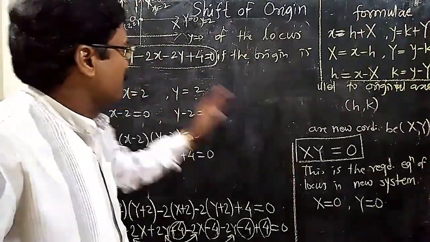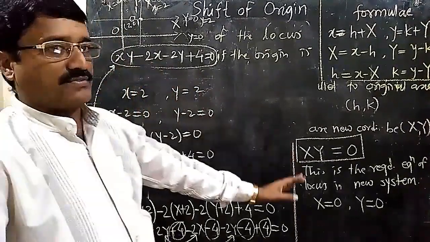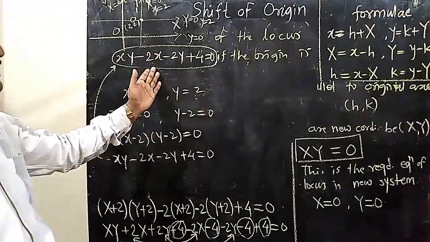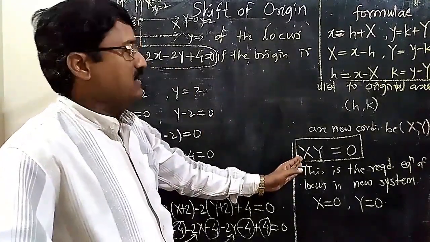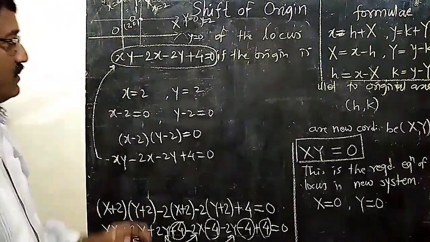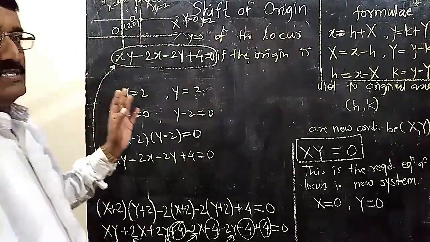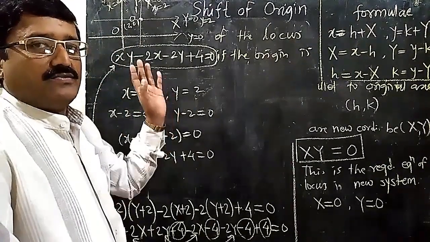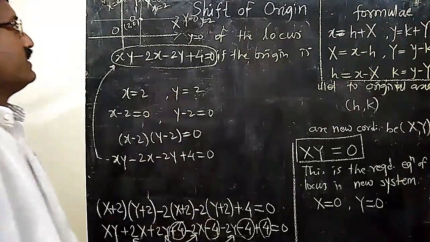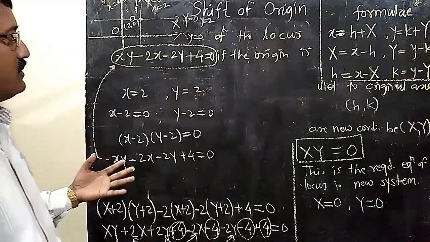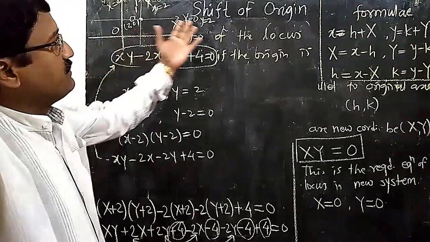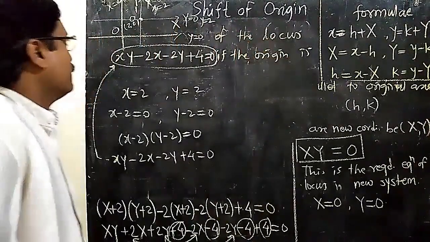So locus is not changed, their forms are different, because this is the equation of locus in original system and this is the equation of the same locus in new system. So remember that we are not changing the locus, we are changing its form only, and that is the main use or main characteristic of this shift of origin.